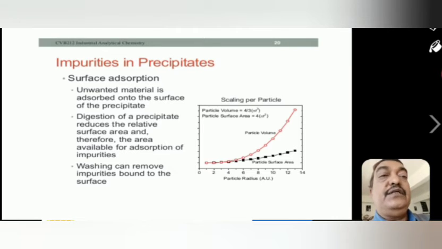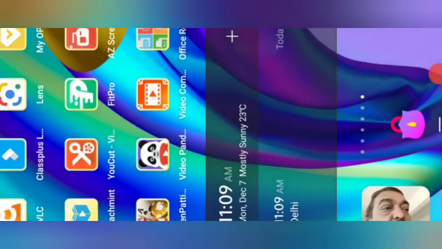Generally, the impurities in precipitates will go on adsorbing more of the material during the precipitation. So we should take care that there should not be any impurities. If impurities are there, they should be minimal and can be considered negligible as compared to the residue of our material.